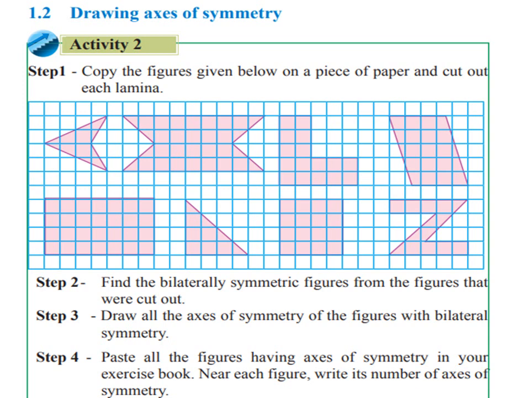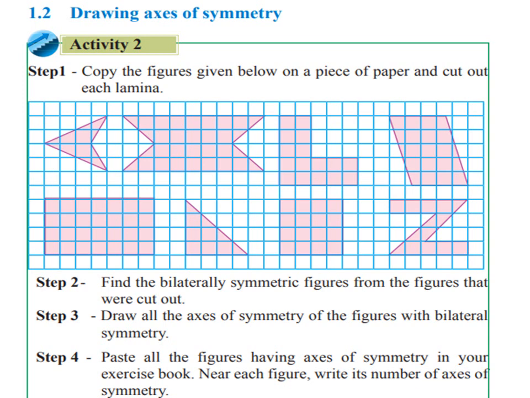and cut them out of a piece of paper, and in step 2 you should check, just fold and check whether these laminas are figures with bilateral symmetry.